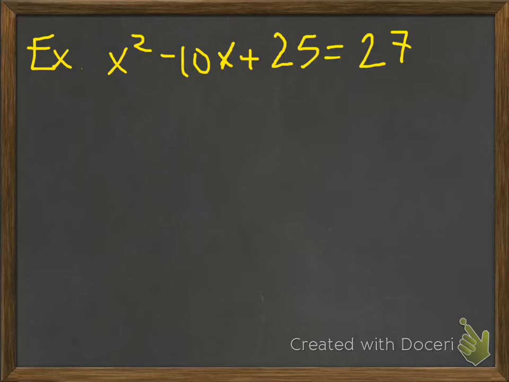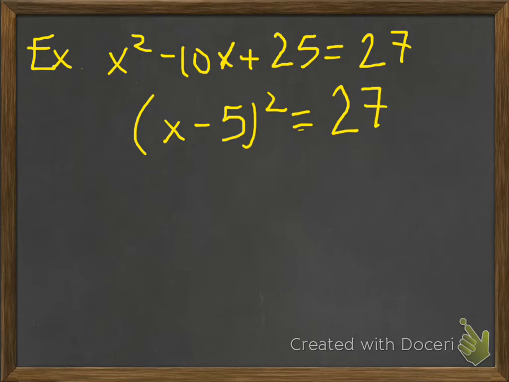If we have a perfect square trinomial, we can just say x, take the square root of 25, which is 5, and we can say x minus 5 squared, and again, that's from what we've done before, is equal to 27.